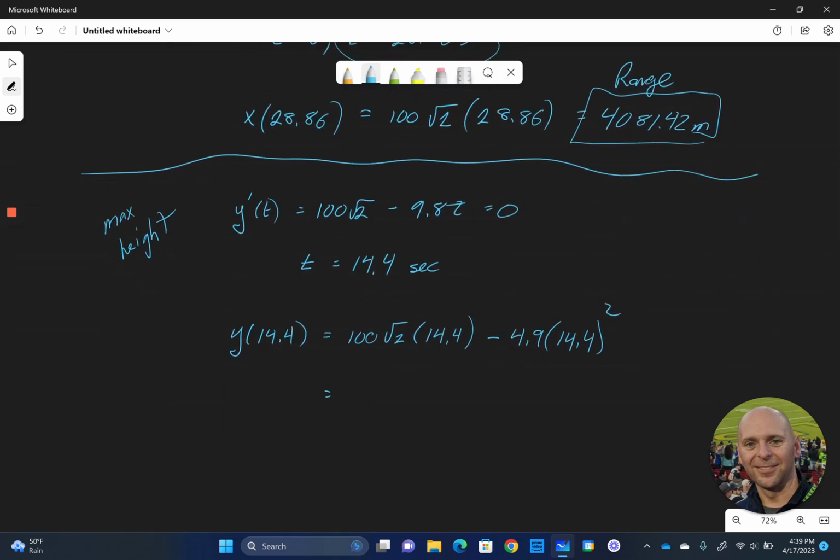And evaluating that through, we get 1,020.4 meters. So that would represent then our maximum height.